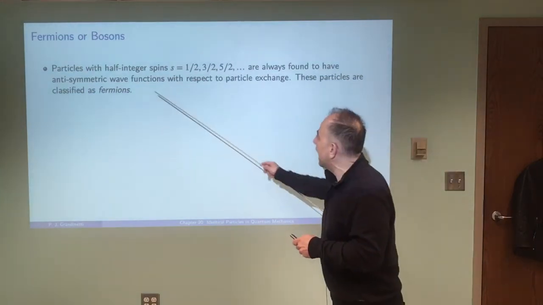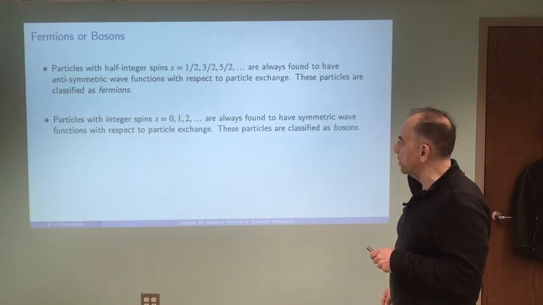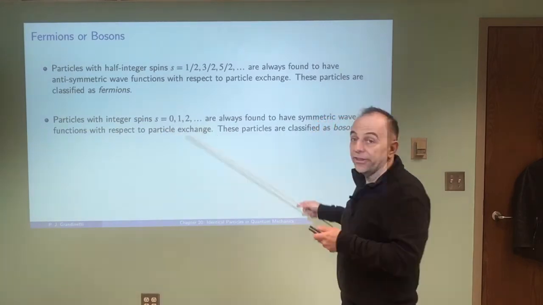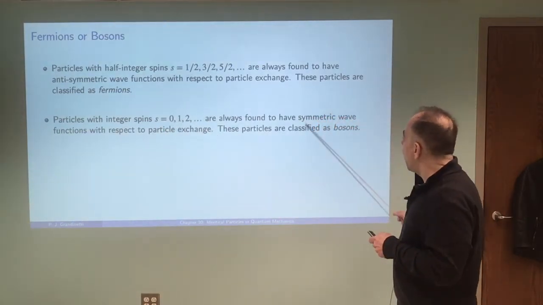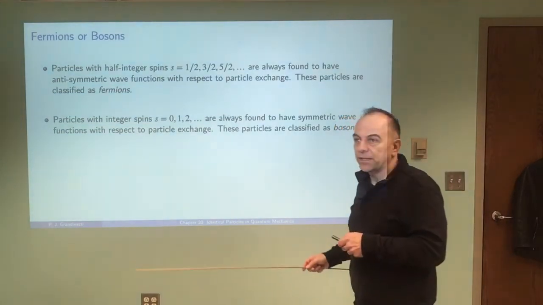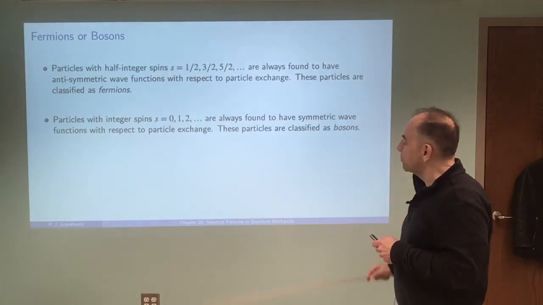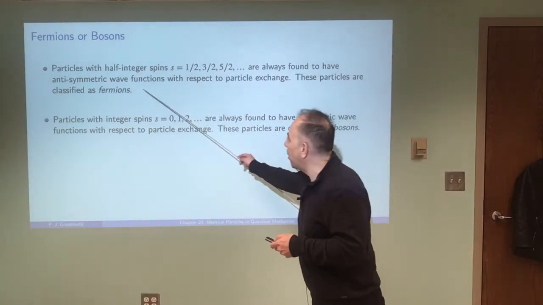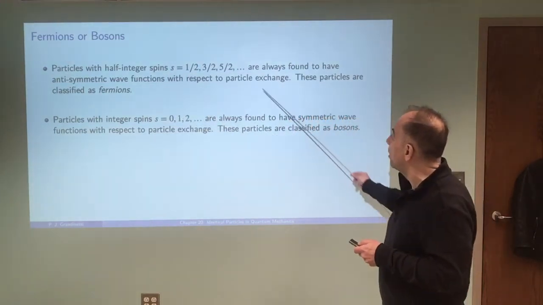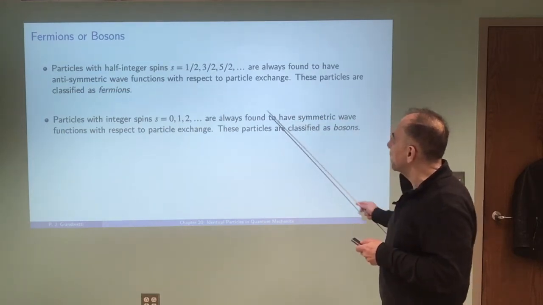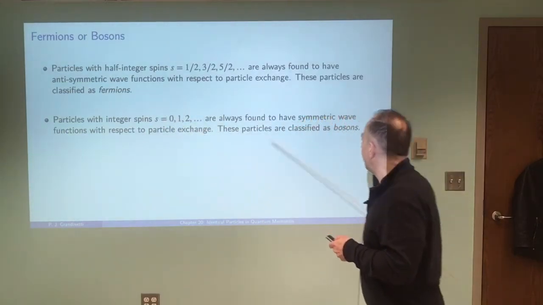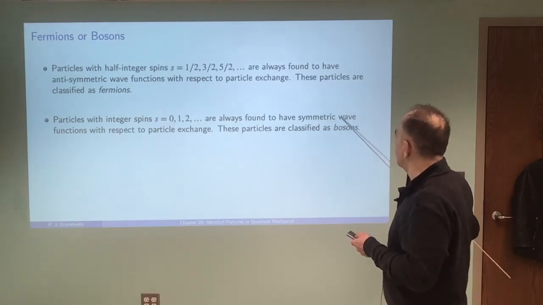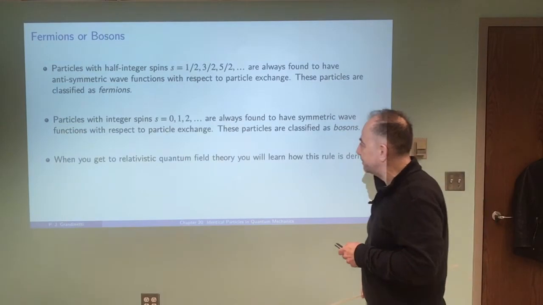Particles with s equals 0, 1, 2, all the integer spins, will always have a symmetric wave function with respect to particle exchange. These particles are classified as bosons. So we have two types of particles depending upon their behavior under particle exchange. If they're antisymmetric, they're fermions. If their wave function is symmetric, they're bosons.